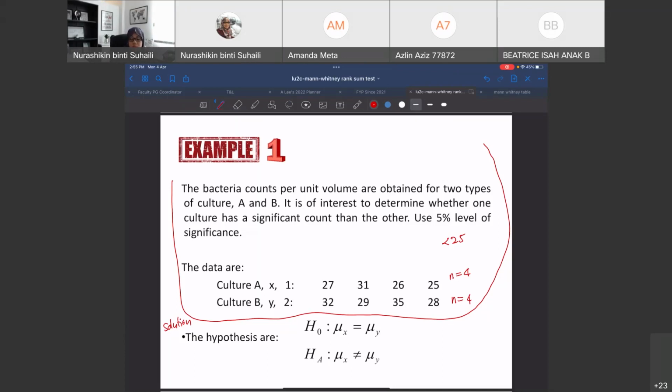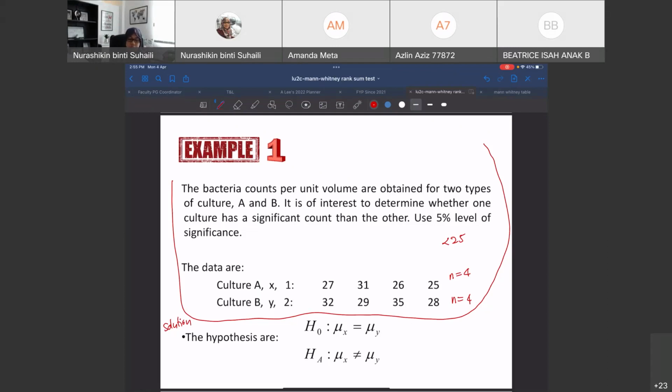So what will give you some more hints? You have to analyze the types of data. Here, the bacteria counts per unit volume are obtained for two types of culture. It is of interest to determine whether one culture has a significant count than the other. So you can see the nature of the data here. They are not actually related. There are no keywords like repeated measurement, or before and after, or any statement about the dependency of the data.